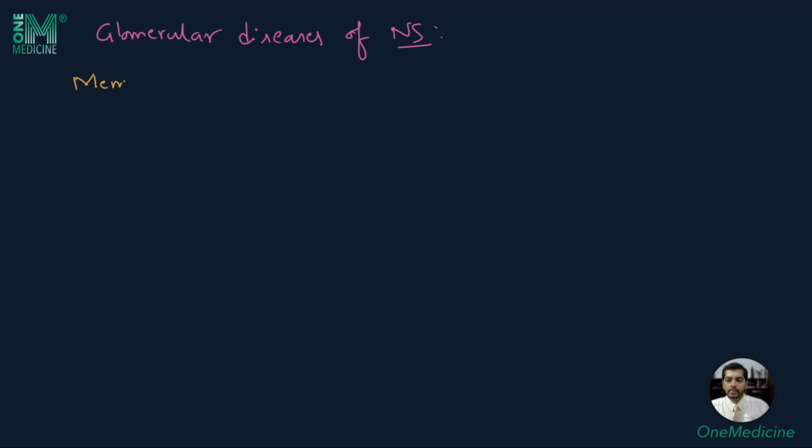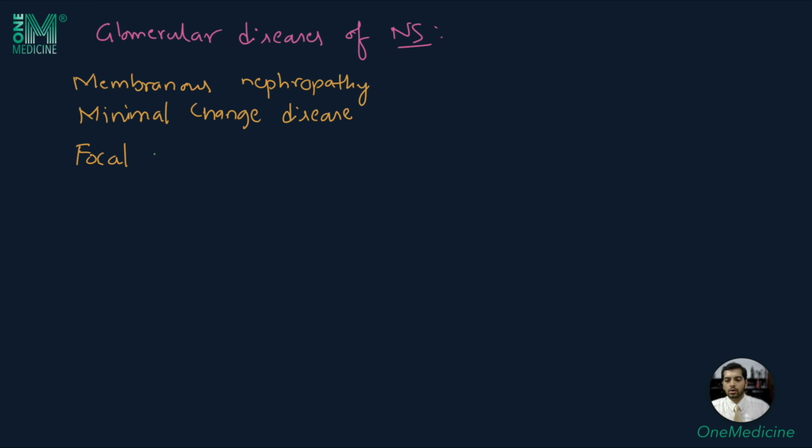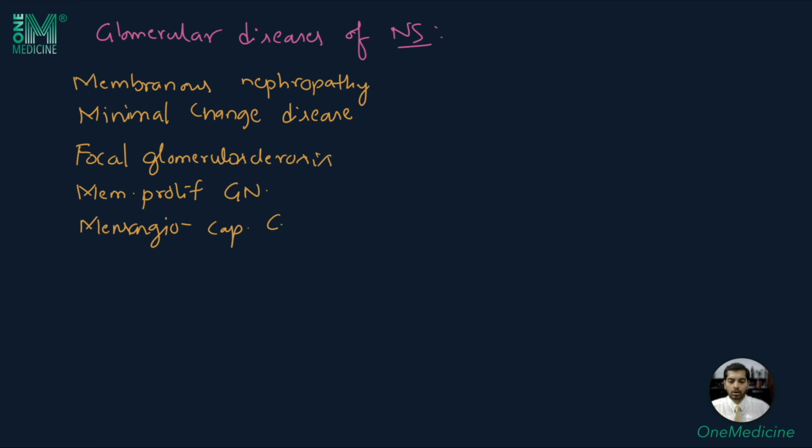These include membranous nephropathy, minimal change disease, focal glomerulosclerosis, membranoproliferative glomerulonephritis, mesangiocapillary glomerulonephritis, immunotactoid, and fibrillary glomerulonephritis. Let's now look at each of these in detail.